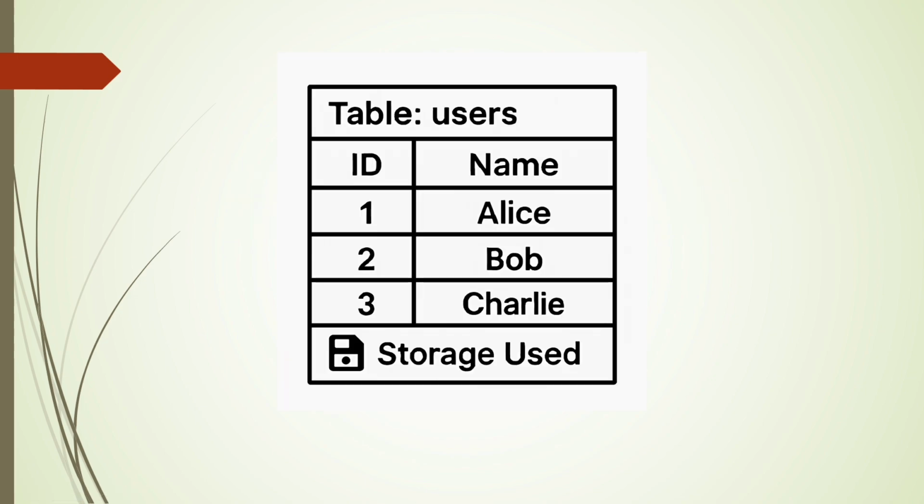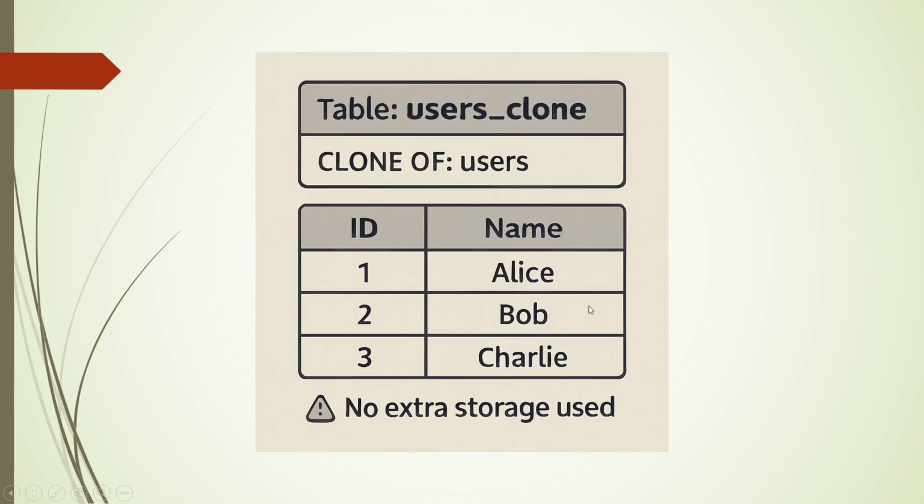Let me explain with a simple diagram. Here you can see a table which has ID and name: IDs 1, 2, 3 and names Alice, Bob, Charlie. This is our original table. So I cloned it as user clone, and here you can see it became an exact copy.